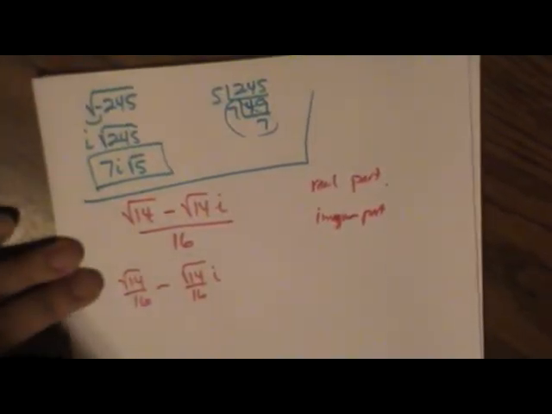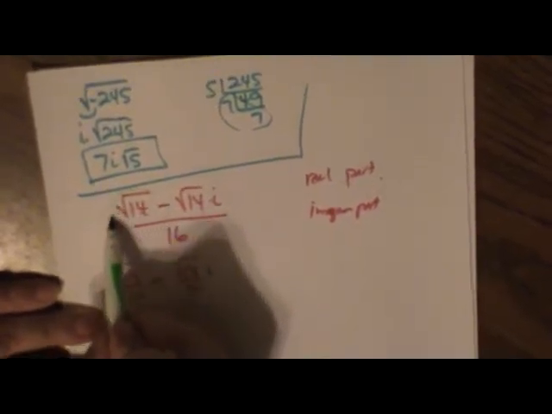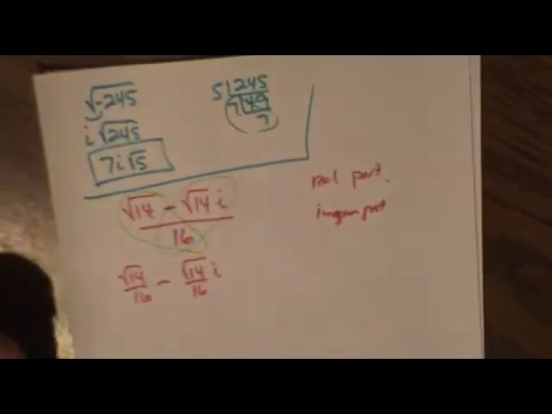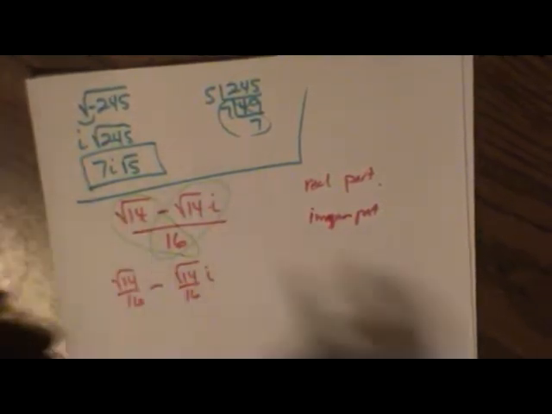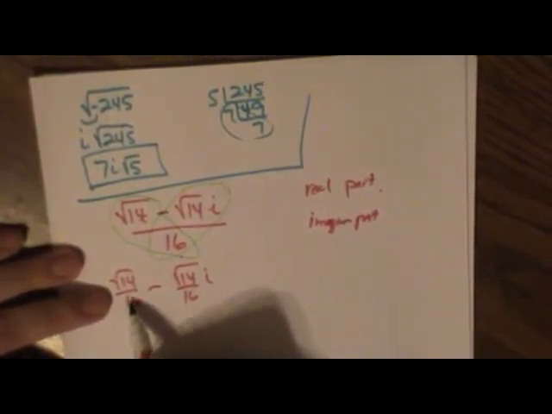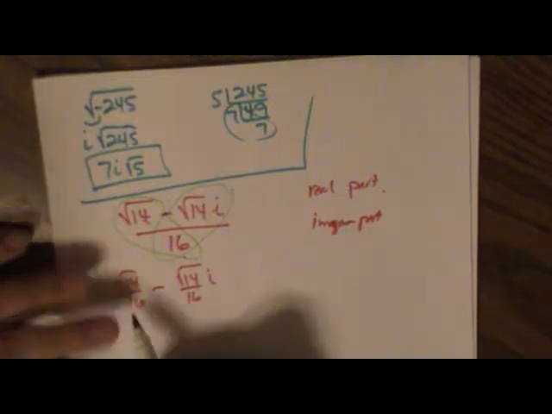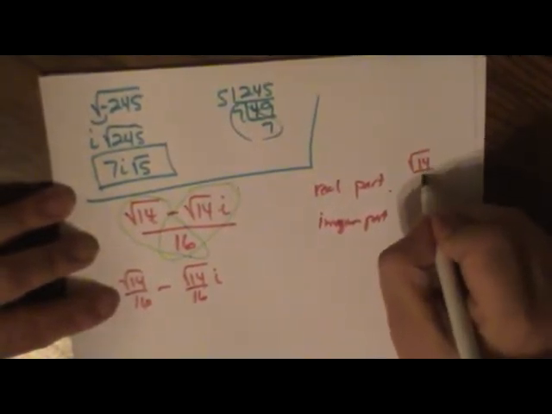Or I think Mrs. Malone just circles them like this, which means the exact same. So we can't reduce this because one's inside the radical, one's outside the radical. So we're done. The real part is square root of 14 over 16.